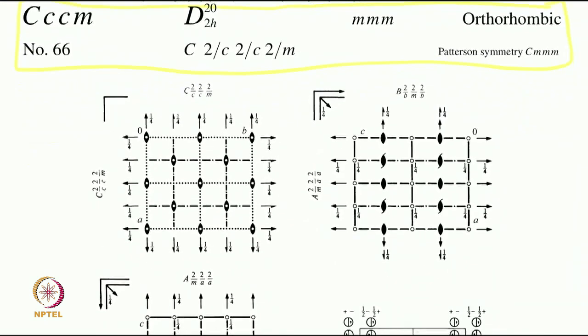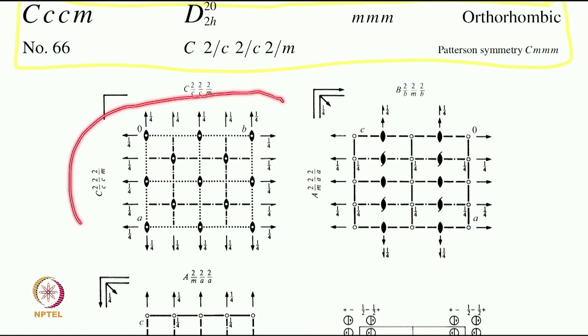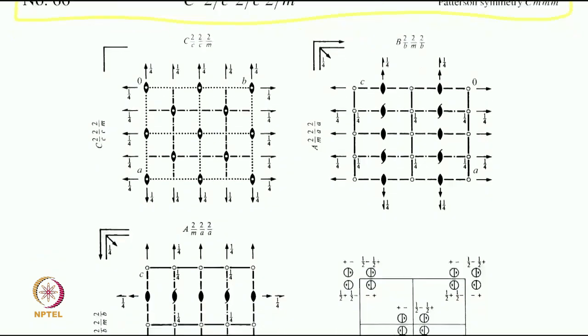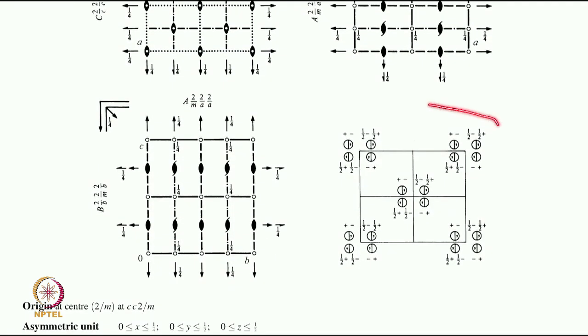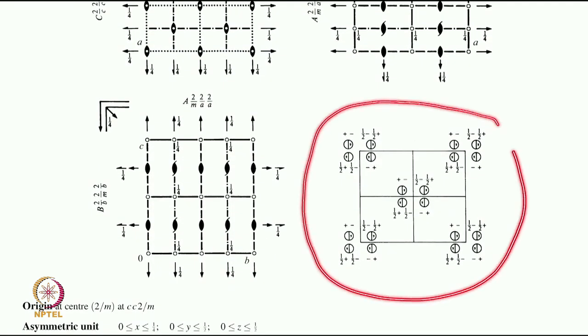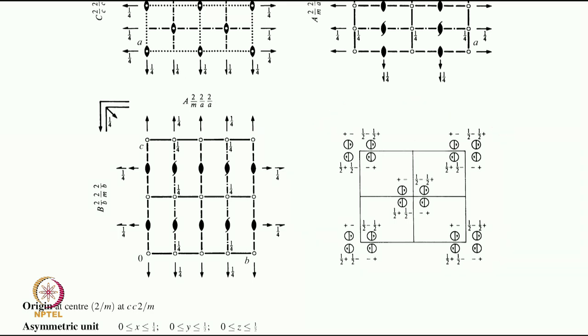In part 2 we discussed the symmetry diagram, which was this one. In part 3 we looked at the general position diagram, which was this diagram.